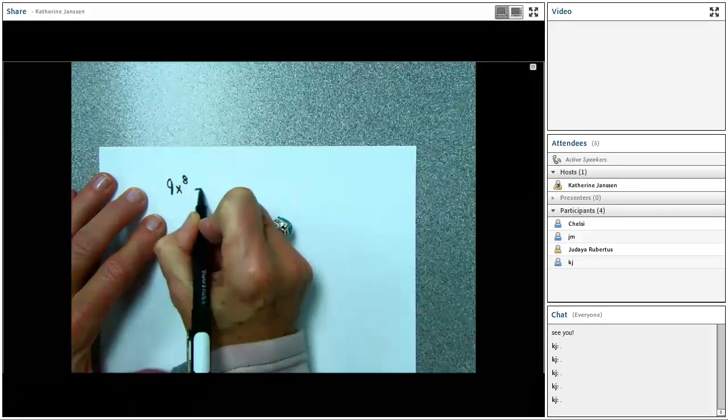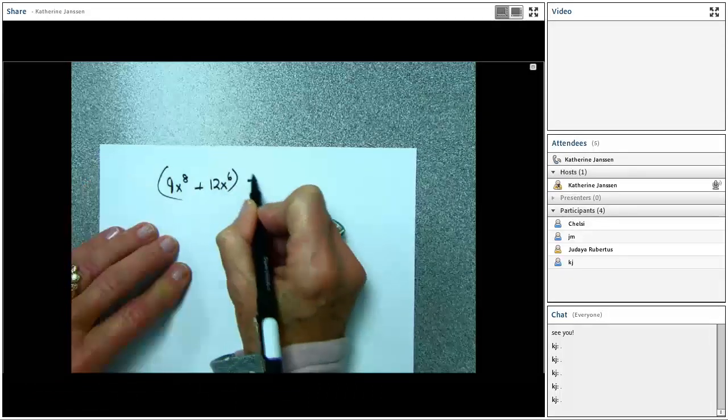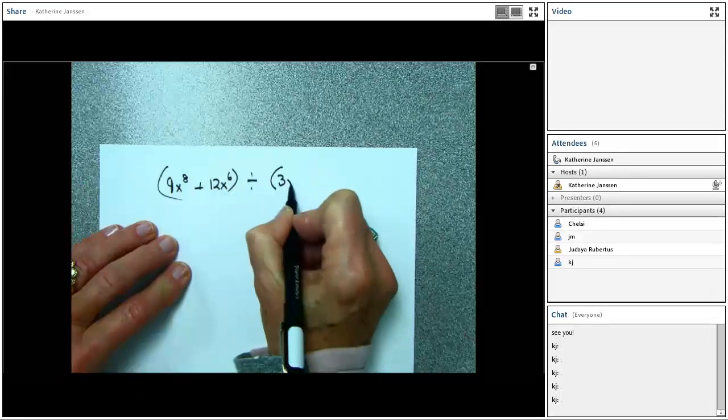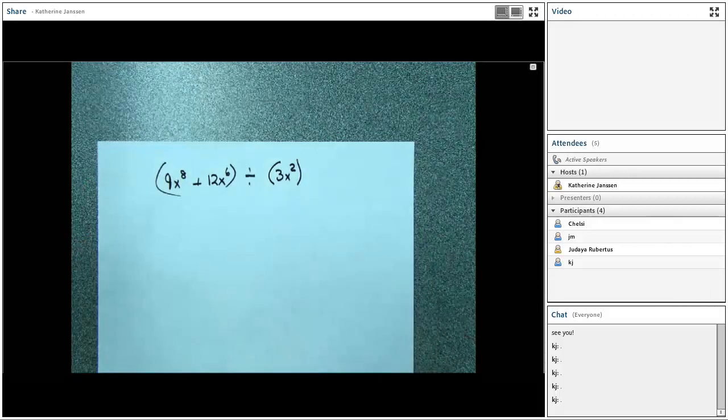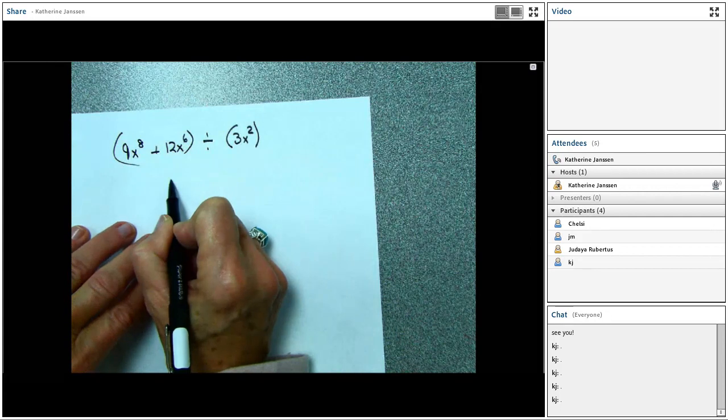9x to the 8th plus 12x to the 6th divided by 3x squared. So I have a binomial divided by a monomial, and I can break this apart as well.